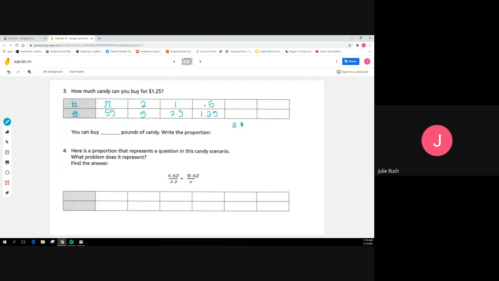Okay, think how different this proportion would have looked if I was just solving the traditional way. It would have been 2.2 over 5.5 set equal to x over 1.25. So our traditional algorithm to solve this would have been multiplying 2.2 times 1.25 and then dividing by 5.5.